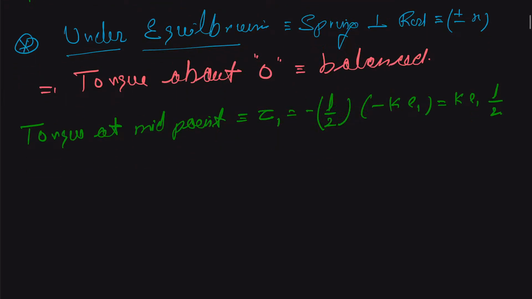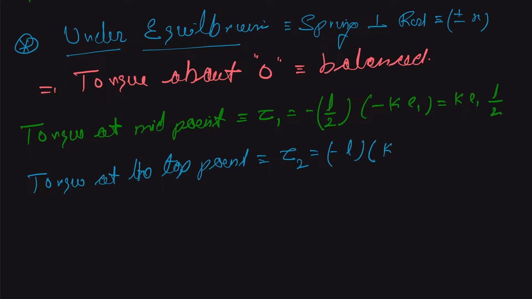And similarly, we can write for the torque at the top, let us call this tau 2, and tau 2 will be equal to minus L times K E2, which is K E2 multiplied by L. Okay.